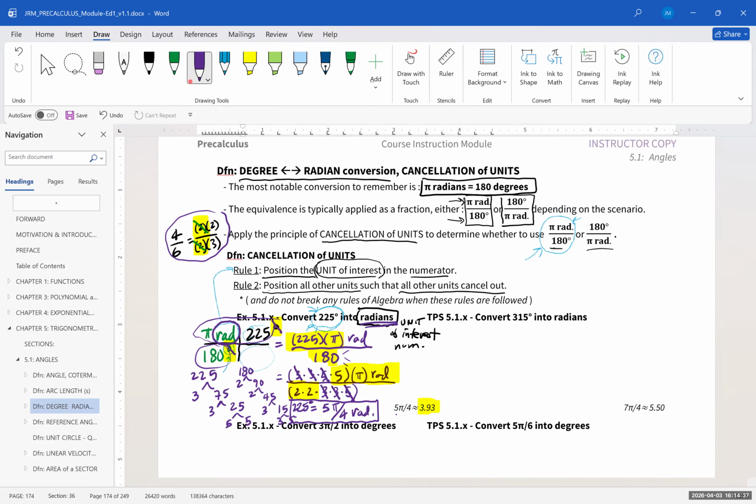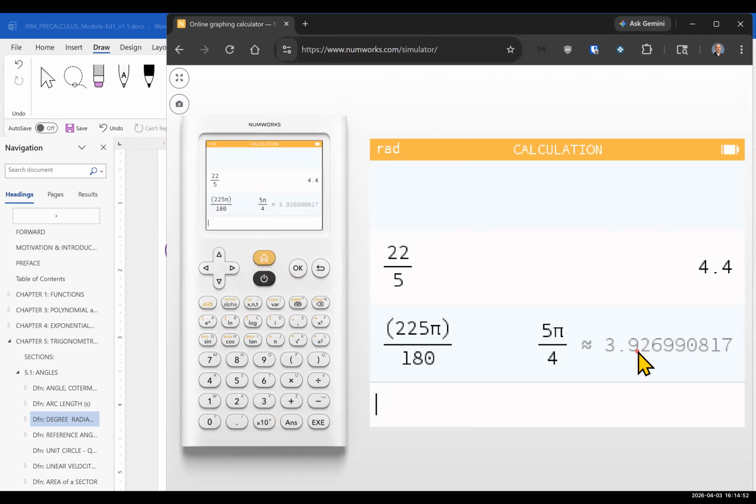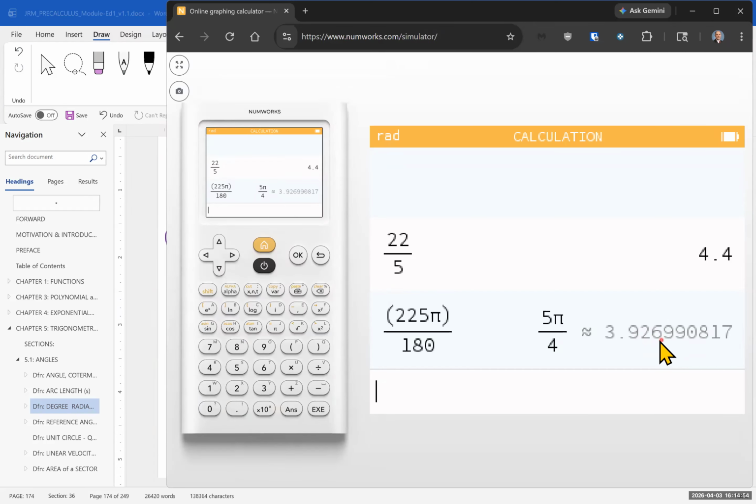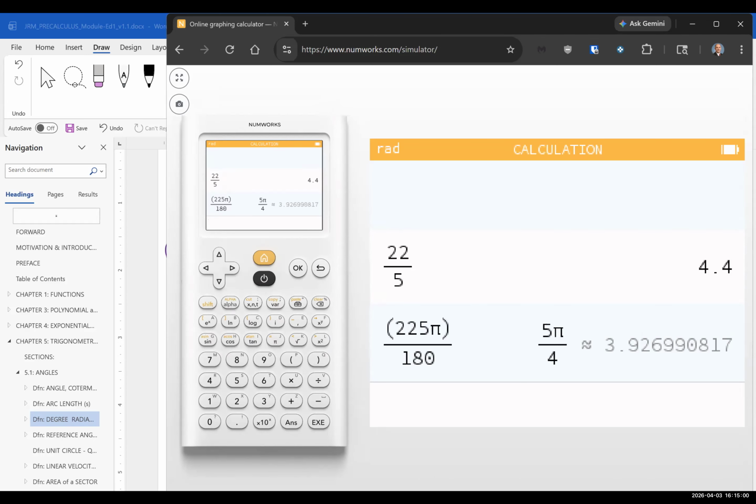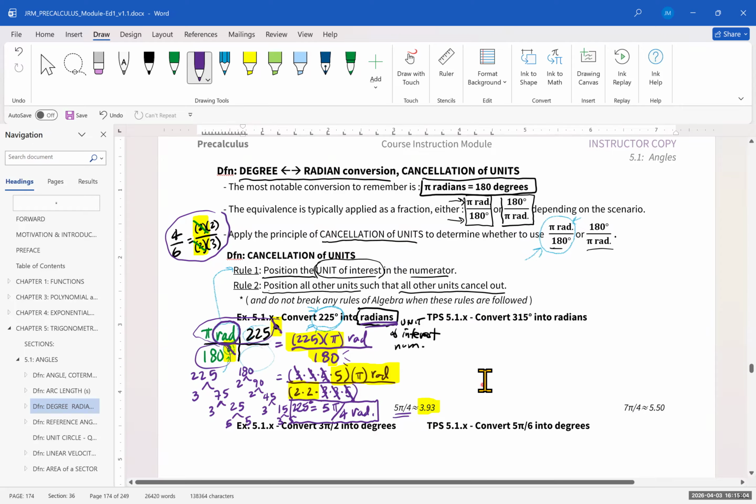Now, sometimes you will be required to give a fraction as an answer because a fraction is more accurate. This 3.93, I put those wavy lines to show it's approximately that because I'm rounding. So you're losing a lot of this value off to the side when you round. Okay, so that's where 5 pi over 4 comes from.